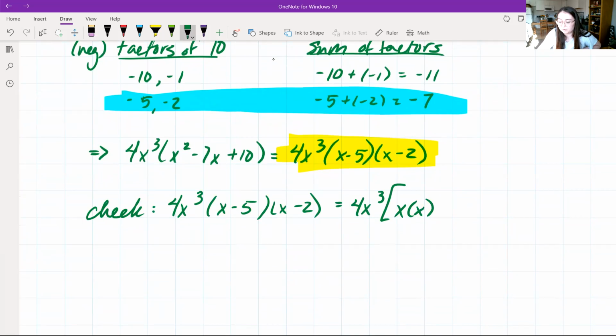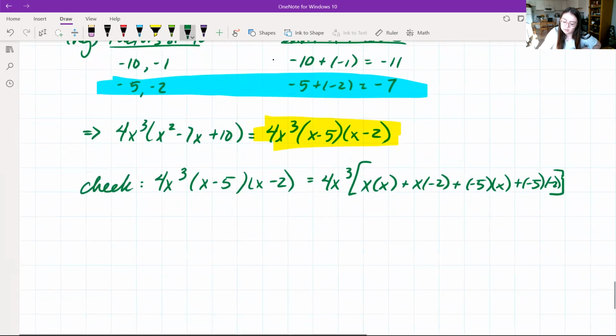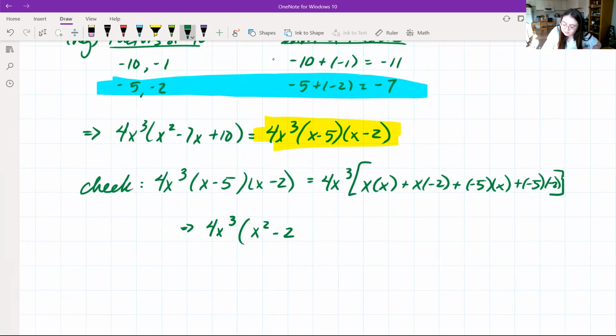So we have x times x for our first terms, then our outer terms, x times negative 2, then our inner terms, negative 5 times x, and our last terms, which will be negative 5 times negative 2. So simplifying this, we get x times x, which is x squared, minus 2x, minus 5x, plus 10, which simplifies to 4x cubed times x squared minus 7x plus 10.